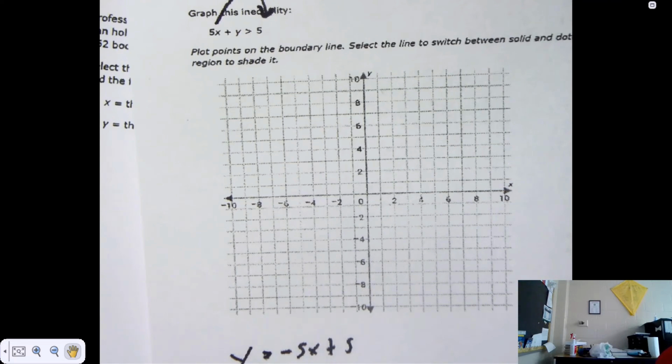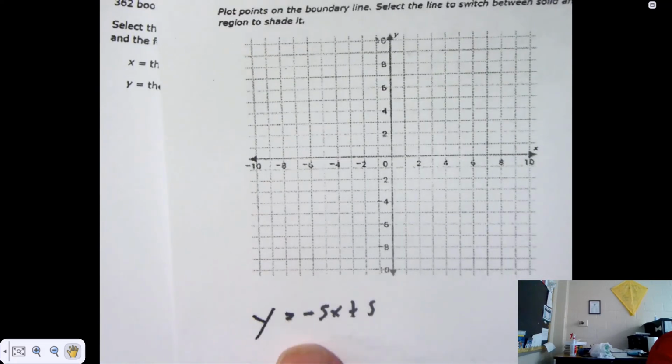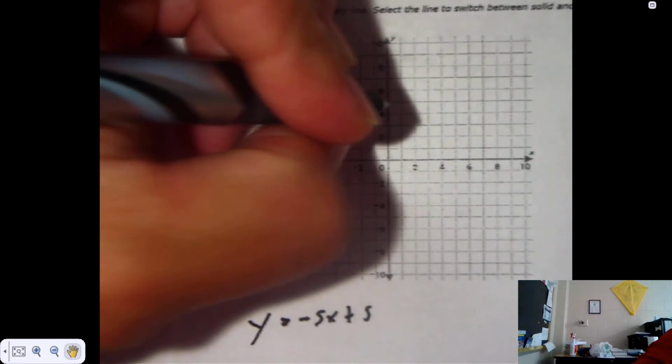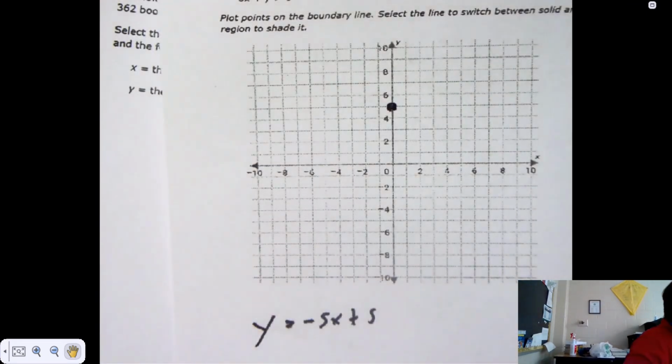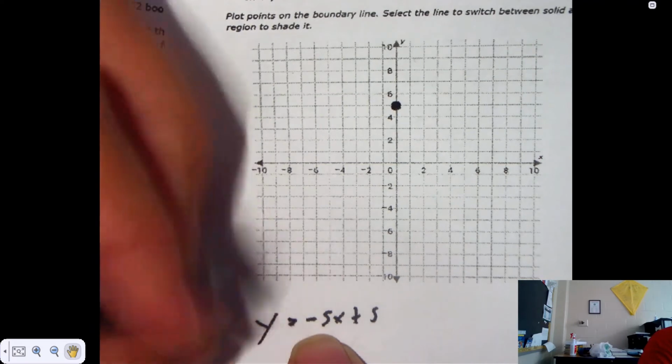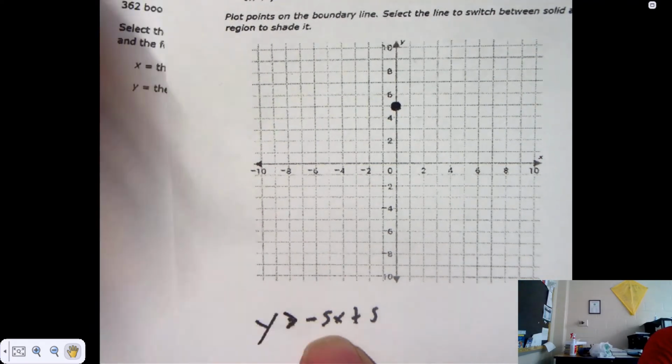Logan, where's the first point going to be plotted? This is the equation we got from manipulation. After you plot that y-intercept, what are you going to do? Logan, here's the equation that we wrote. I'm not going to rise 5.